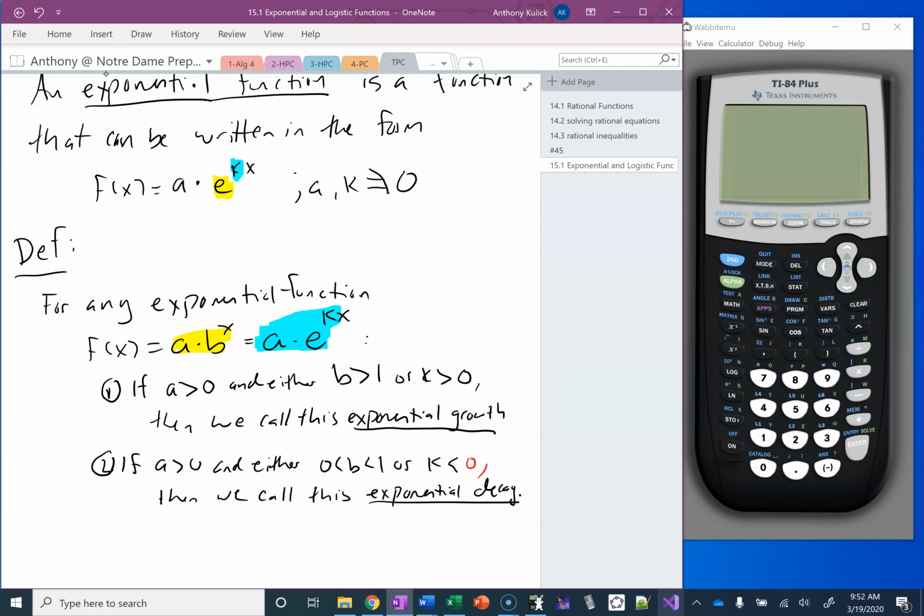Radioactive isotopes decay, and that decay can be described with an exponential decay function. Those are examples of real things that people would really want to describe and be able to predict, and exponential functions are a great way to do that.